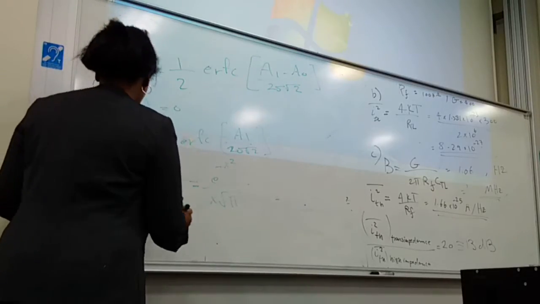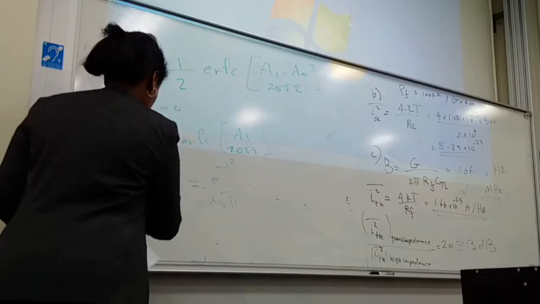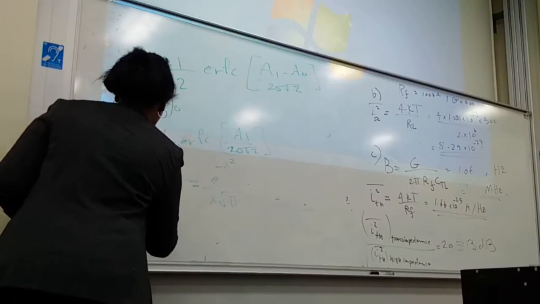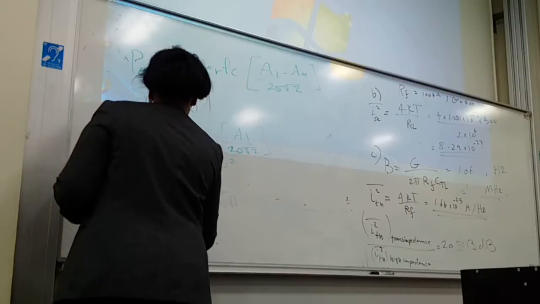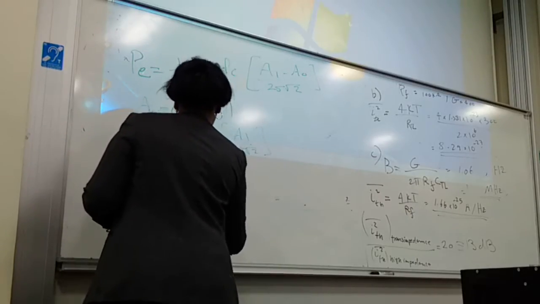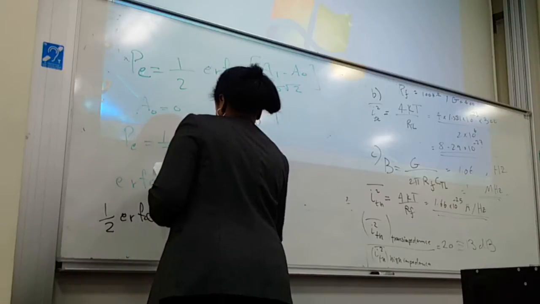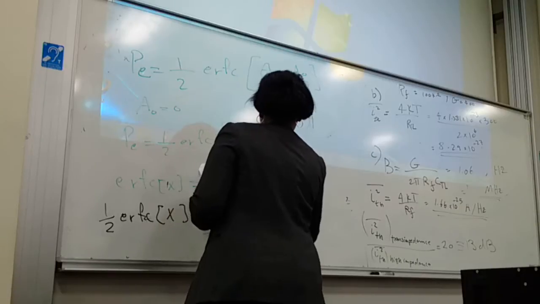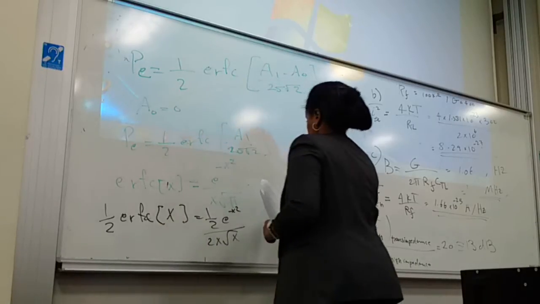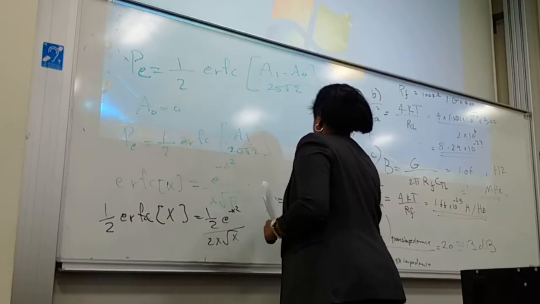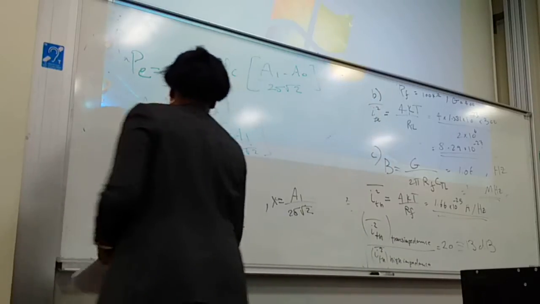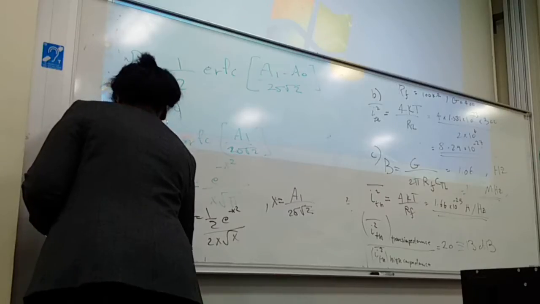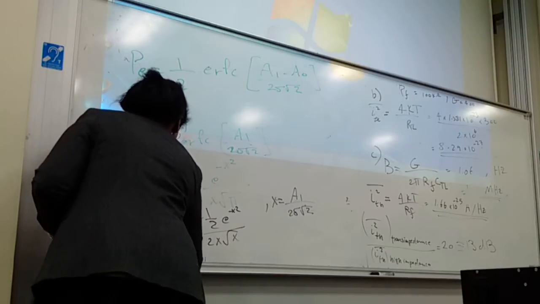So for us here, we have half, and if you solve for x, you will find that x is equal to 6 over root 2.